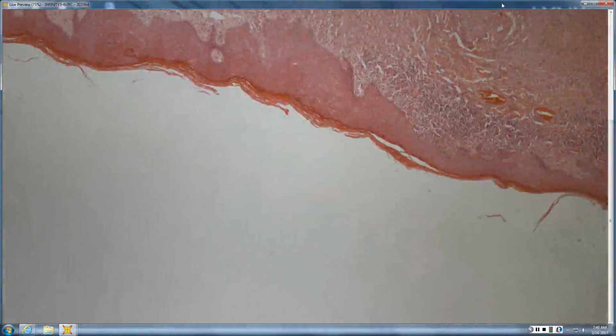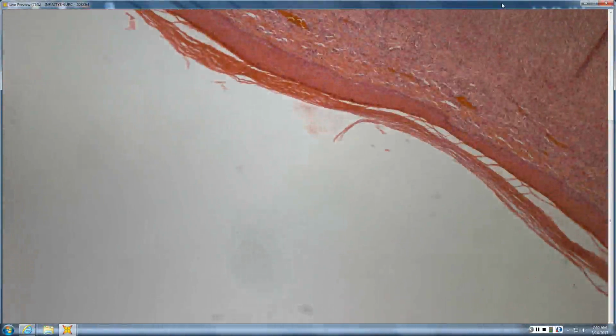This looks more effaced to me over here. Even there, if that were normal epidermis, you'd have reedy pegs with dermal papillae that go up to about the tip of the arrow. This is a plate-like acanthosis, but it's still thicker than epidermis would normally be. So it's lost its reedy pattern, but plate-like acanthosis is something DFs can do.